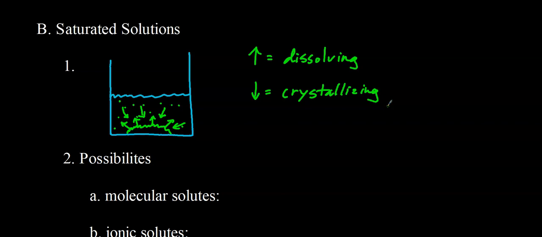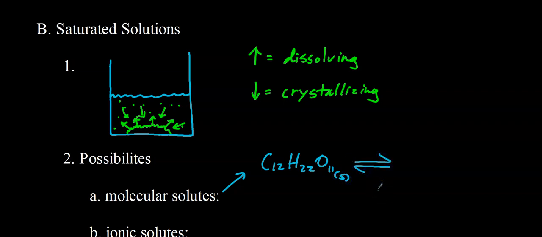equal rates. Now, there's a couple different ways we can write the equation here for this type of equilibrium system. For molecular solutes, let's say you have a saturated solution. I'm going to draw this up here a little bit because I'm running out of room. Let's say you have a saturated solution of sucrose. So sucrose has a chemical formula C12H22O11.